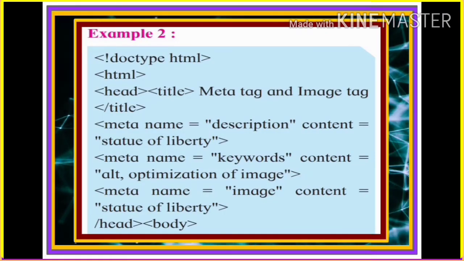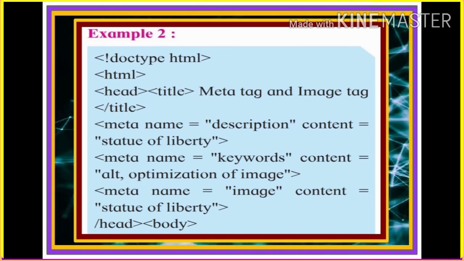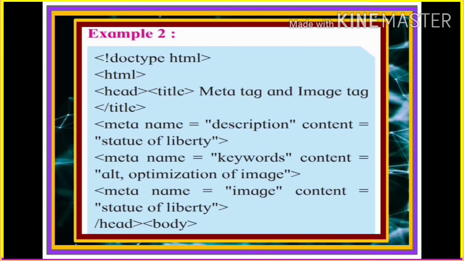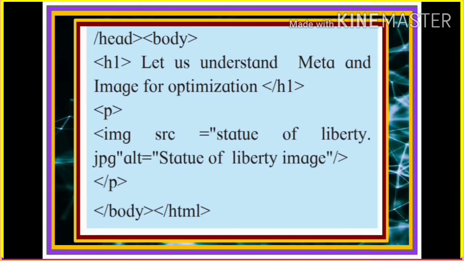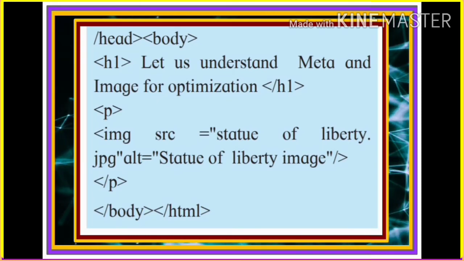In the example 2, the program is started with the doc type HTML tag. There is a title tag within a head section. Also, meta tag is used with two attributes, name and content. In the body section, H1 tag is used, P tag is used and img tag is used with alt attribute.